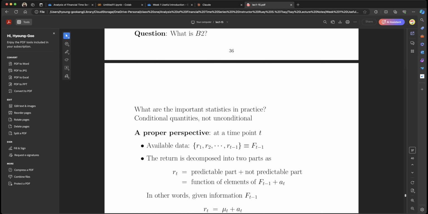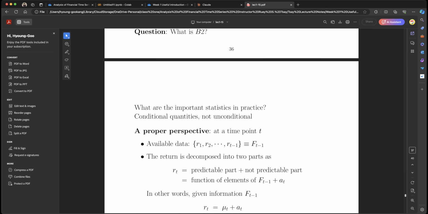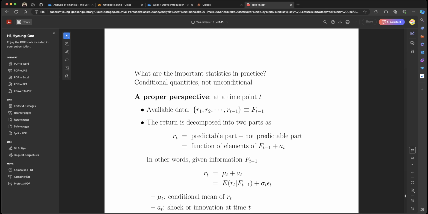A proper process of time data points, available data. The return is decomposed into two parts, from a proper perspective at time point t. Suppose we have available data r_1, r_2, up to r_{t-1}. So it is about the history up to t minus 1.